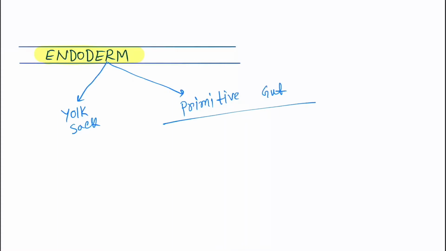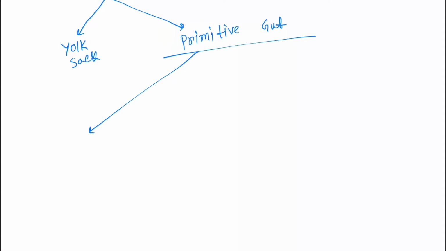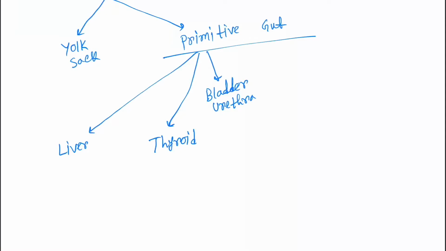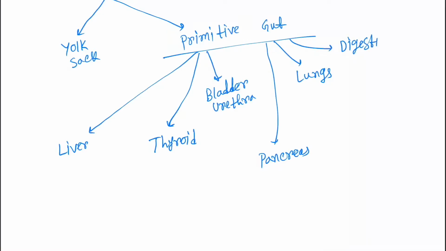Under this, there will be formation of the liver, thyroid, bladder, urethra, next is pancreas, next lungs, next digestive tubes, and esophagus.